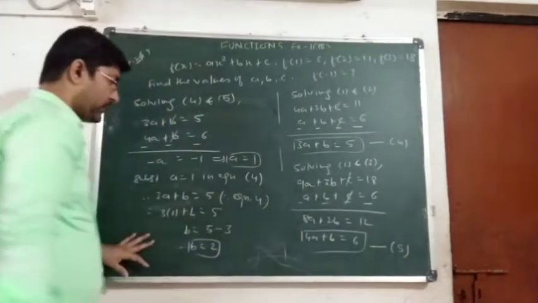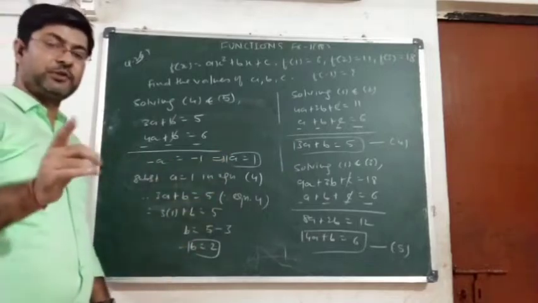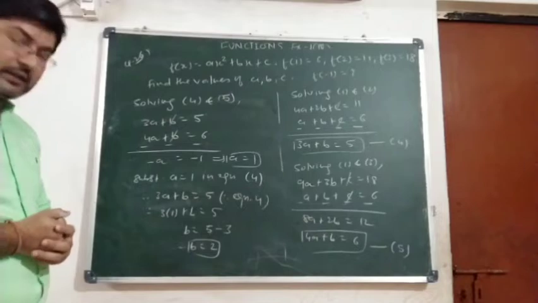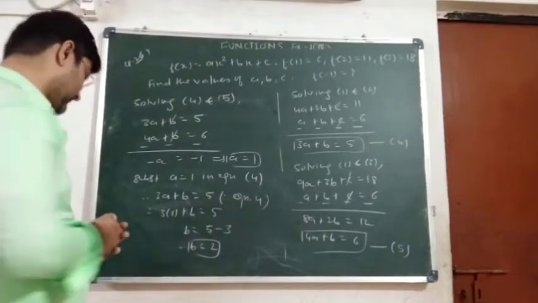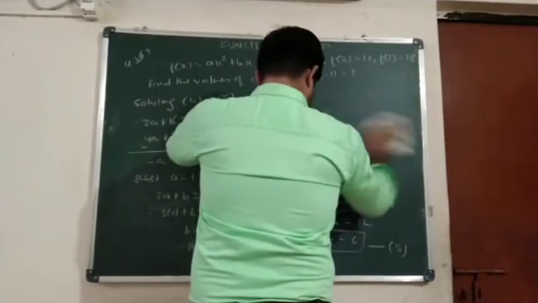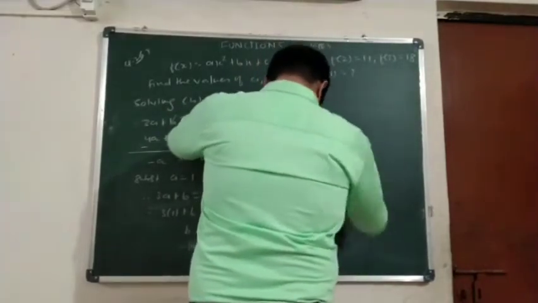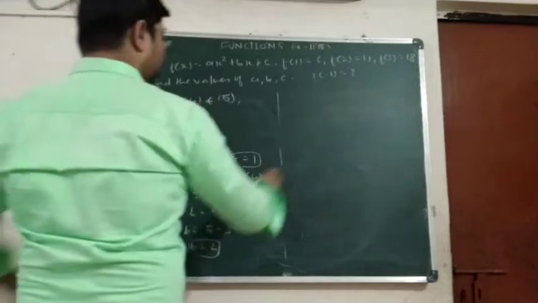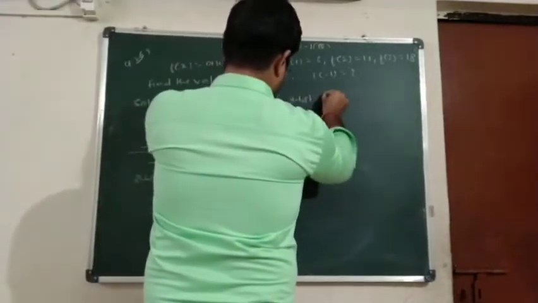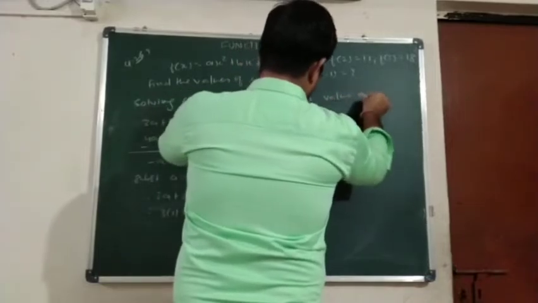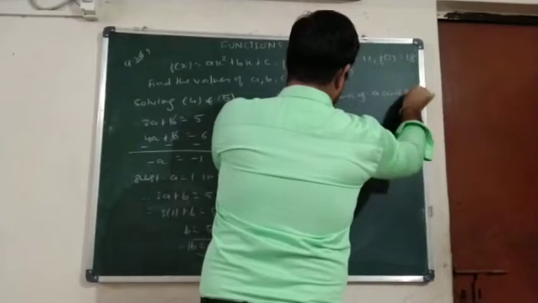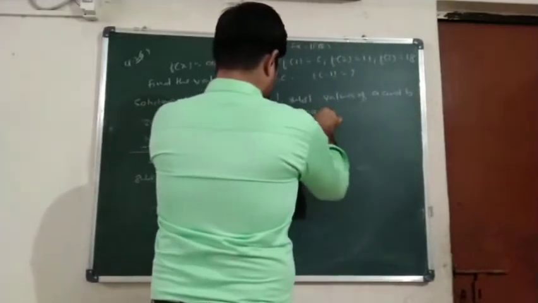Now values of a and b we will substitute in equation 1. a plus b plus c is equal to 6. So that we will get the value of c. So I will remove this now, right hand side. Now substituting values of a and b in equation 1.